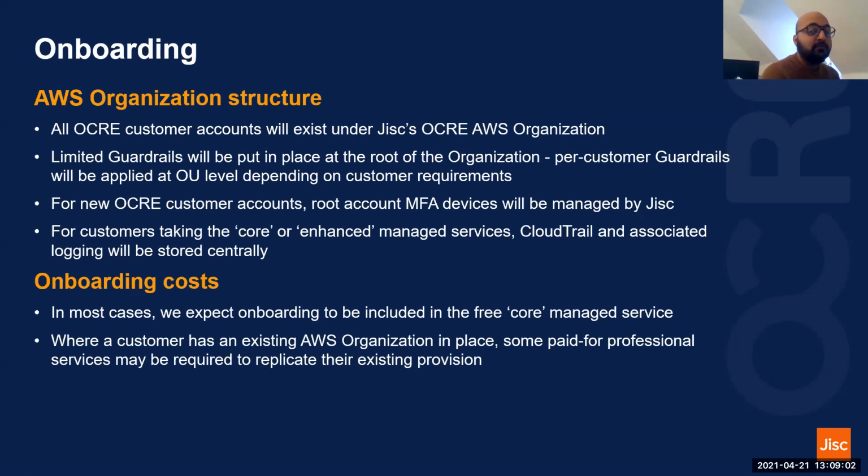For customers that are new to AWS, we expect that to be done for free as a part of our core managed service, like I covered in my previous slides. Where a customer has an existing AWS organization in place, particularly if they have configured a mature set of guardrails, then we anticipate that some paid-for professional services may well be required as a part of onboarding in order to replicate their existing functionality.